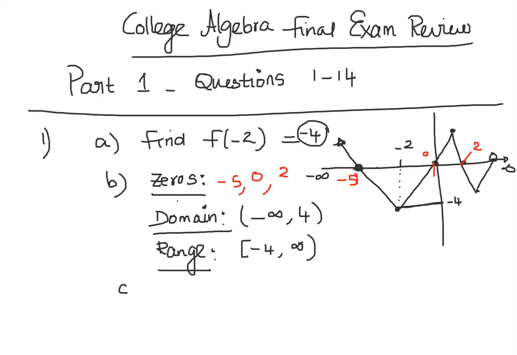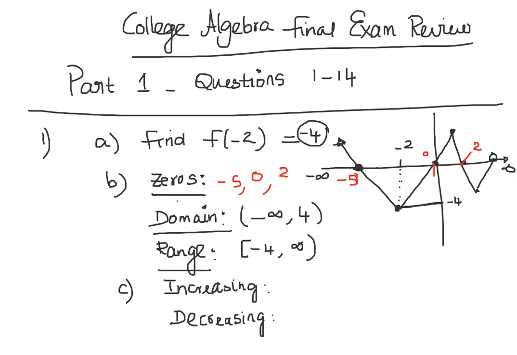And the next one, we have to see where the function is increasing and decreasing. Let's first find the intervals where the graph is increasing. Increasing means it goes from here up there, but you have to look at only the x values.